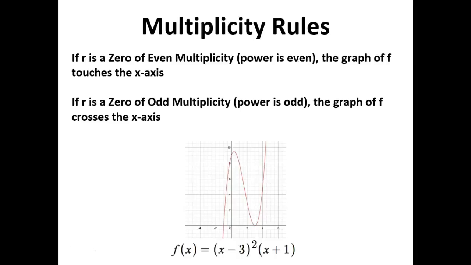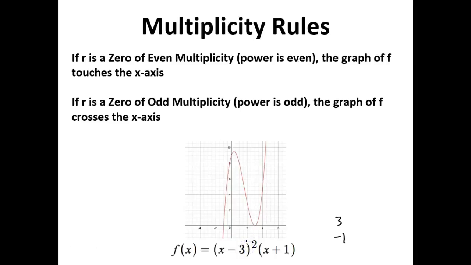Keep looking at this function here. If r is a 0, so is this the same function? Yeah, it was supposed to be. So we have the same function here. It says if r is a 0 of even multiplicity, that's just saying when we had those zeros, our zeros were 3 and -1, those were our two zeros, is a 0 of even multiplicity.